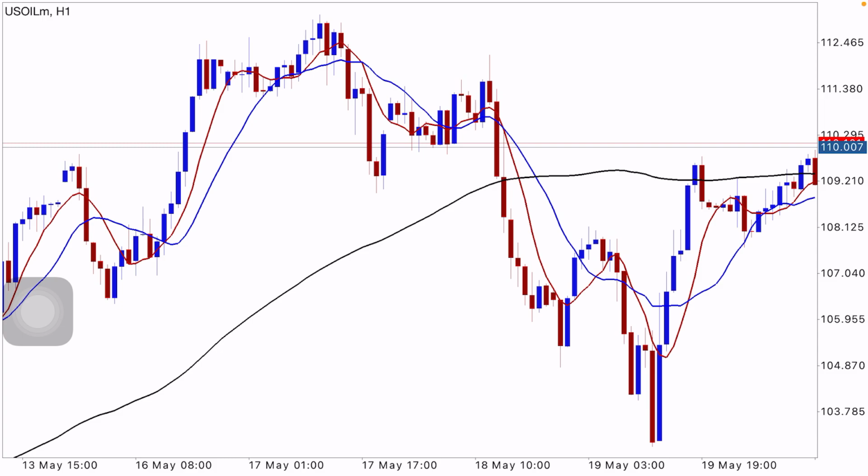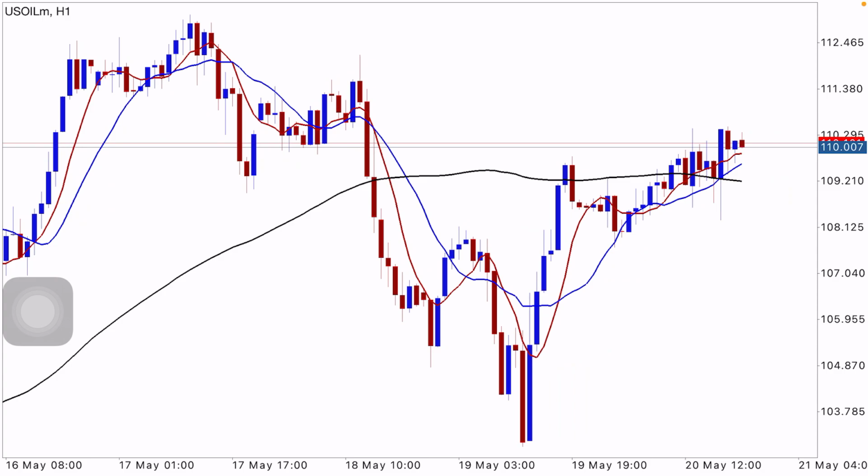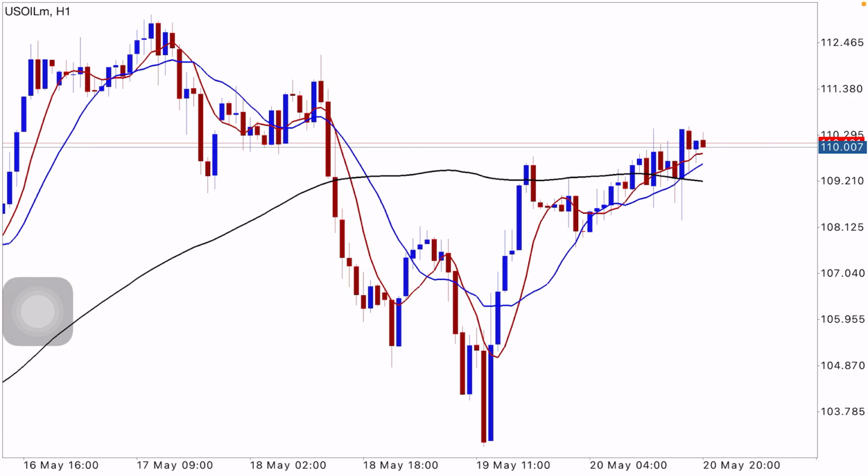There is a saying in the forex market: don't go against the trend. If price is buying massively or selling massively, don't trade against the trend.